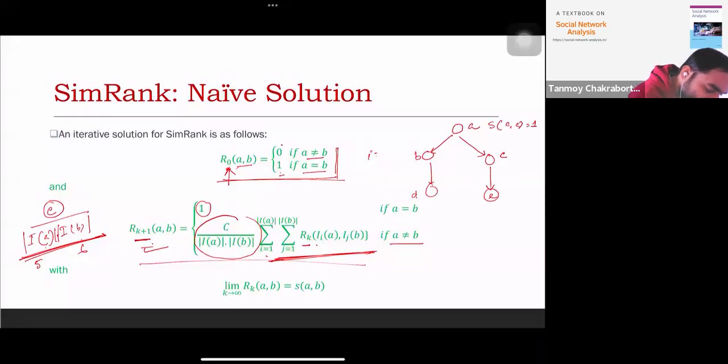Similarity of A comma B, and similarity of A comma C, this would definitely be less than similarity of A comma A.